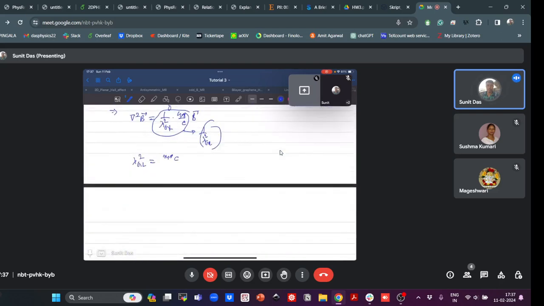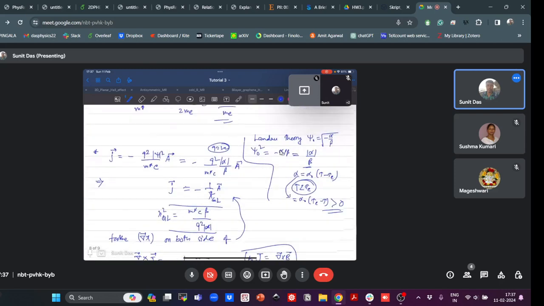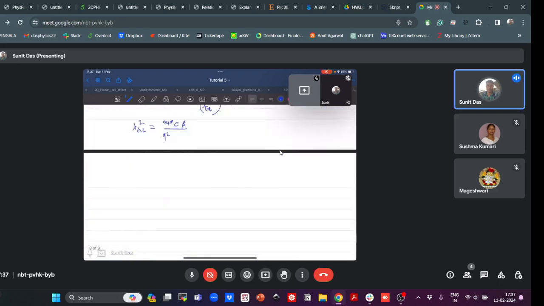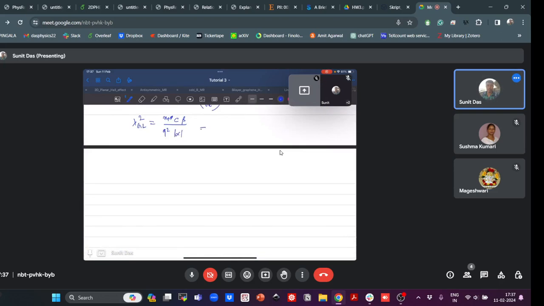So m star C beta, let's say, and then Q square alpha, which we can write lambda GL is proportional to 1 by mod alpha, and then lambda GL is proportional to 1 by Tc minus T to the power half.